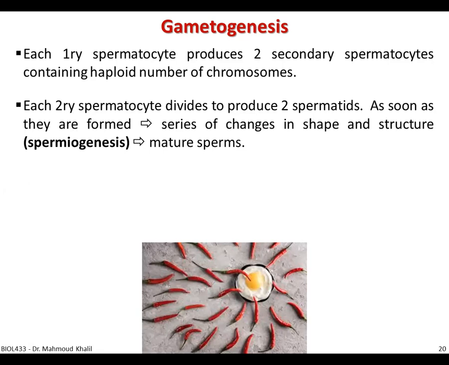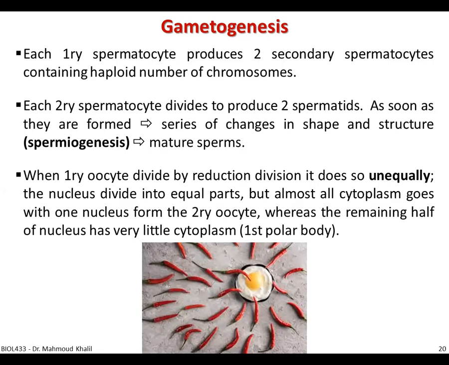And you can see it here. This is a very good representative example of how the ovum gets attacked by a lot of sperms. In the case of the primary oocyte, it divides as well by reduction division, but in this case, it is an unequal division, which is not the same as in spermatogenesis.